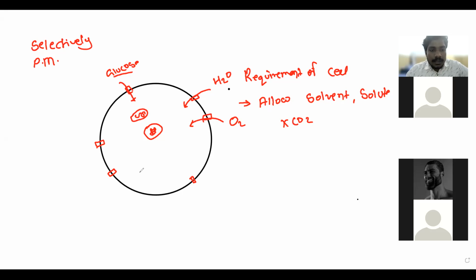And that is why most of the living organisms show the presence of selectively permeable membrane and not semi-permeable membrane. I hope you all have understood now why living organisms have selectively permeable membrane. Okay, got it?